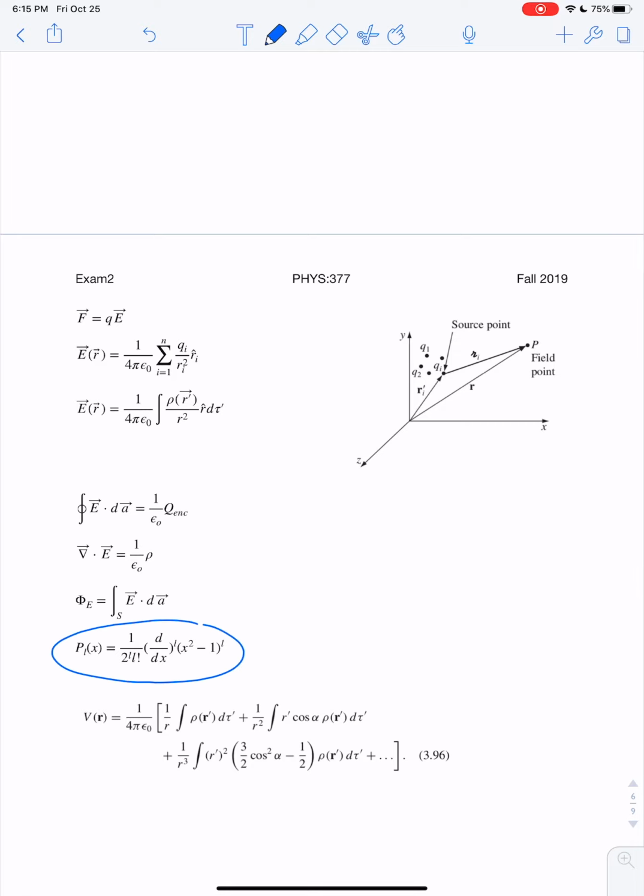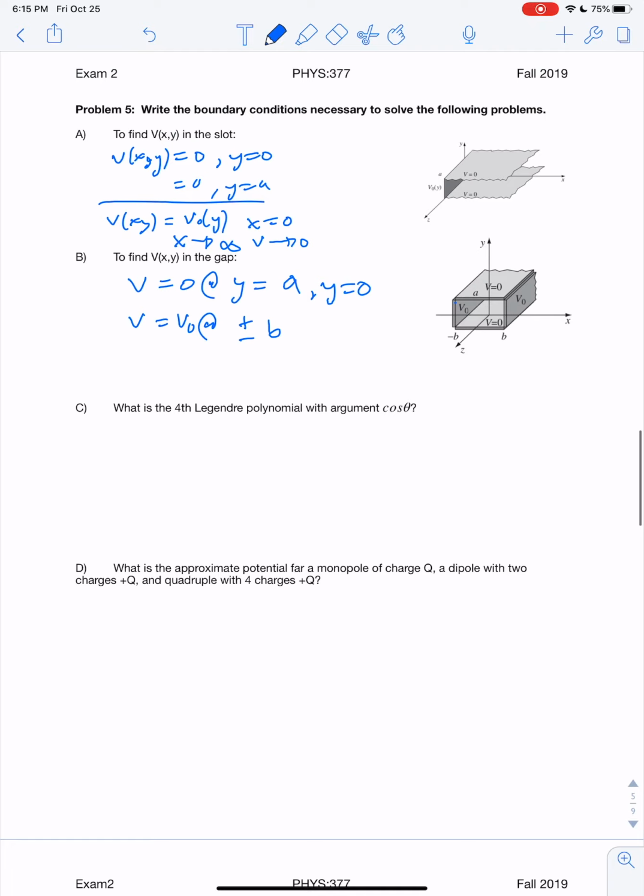But then we use our generator function, the Rodrigues formula, to figure out what that is. So we have 1 over 2 to the 4th, 4 factorial, d over d cosine theta to the 4th of cosine squared theta minus 1 to the 4th power.